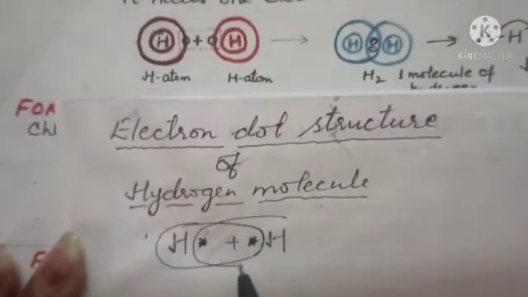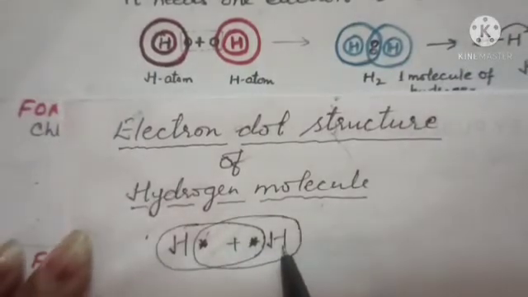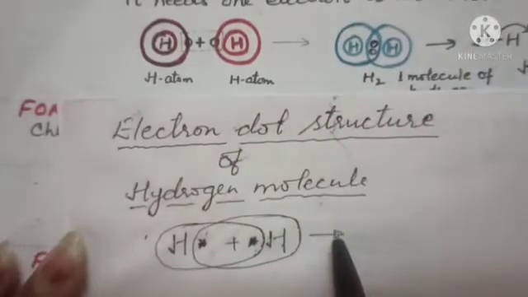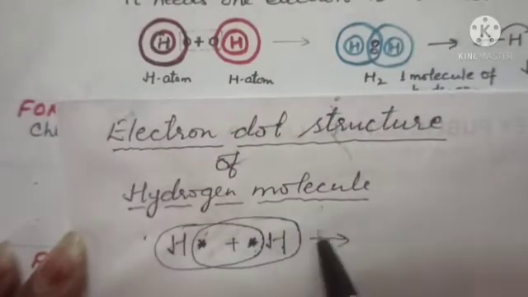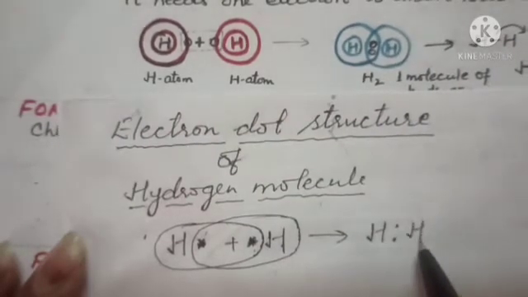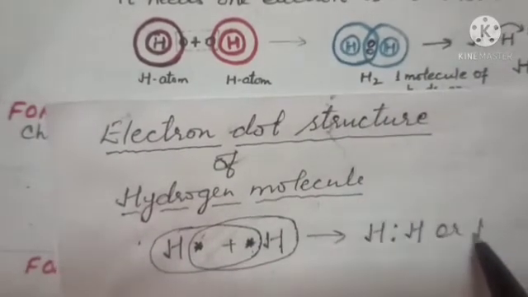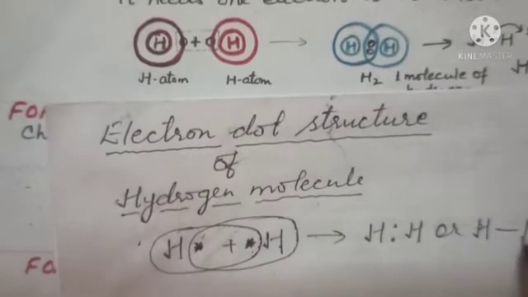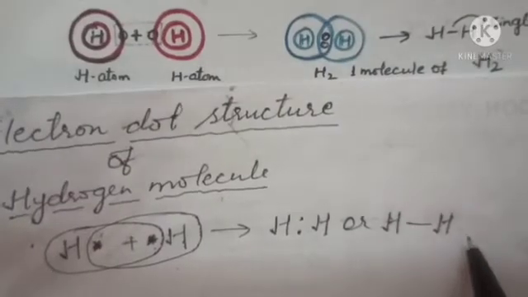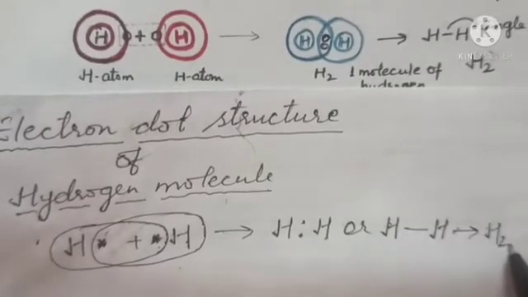So we use this circle, meaning this hydrogen also has 2 electrons and this hydrogen also has 2 electrons. Then after sharing one pair of electrons, you will show it like this, or as one single covalent bond, and it forms the hydrogen molecule.